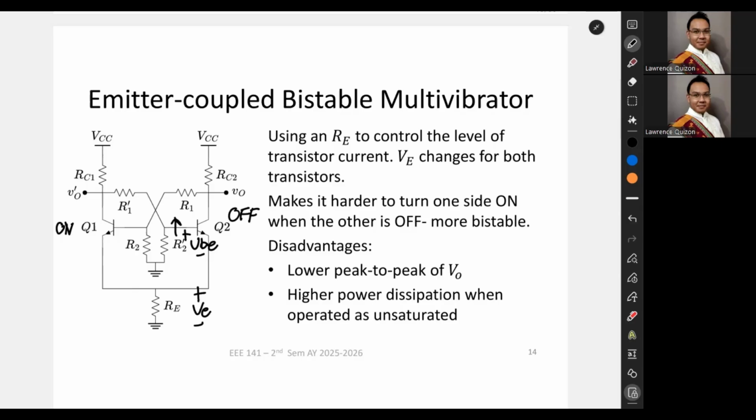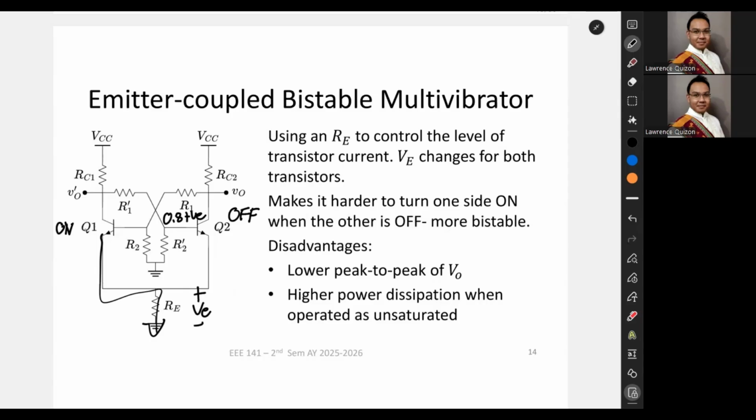But then the target voltage is no longer just 0.8 or VBE sat. We need to target 0.8 plus VE, right? Because this is already high. It's high because this current is flowing through from Q1. As we know, this causes a high power dissipation as well.